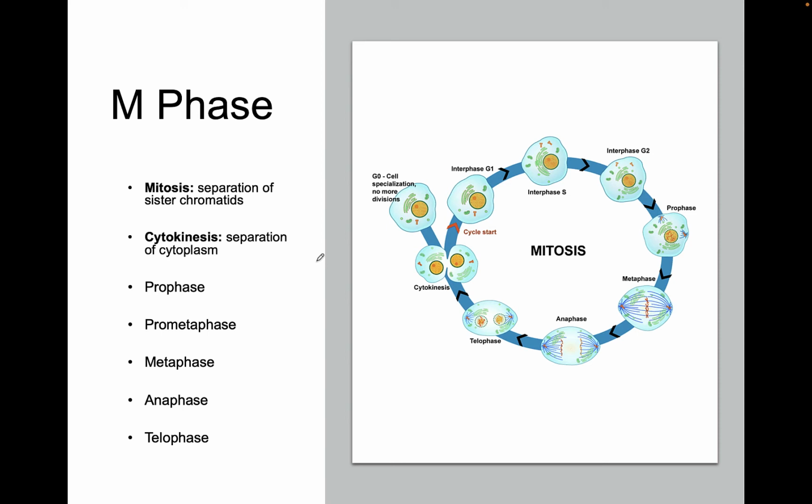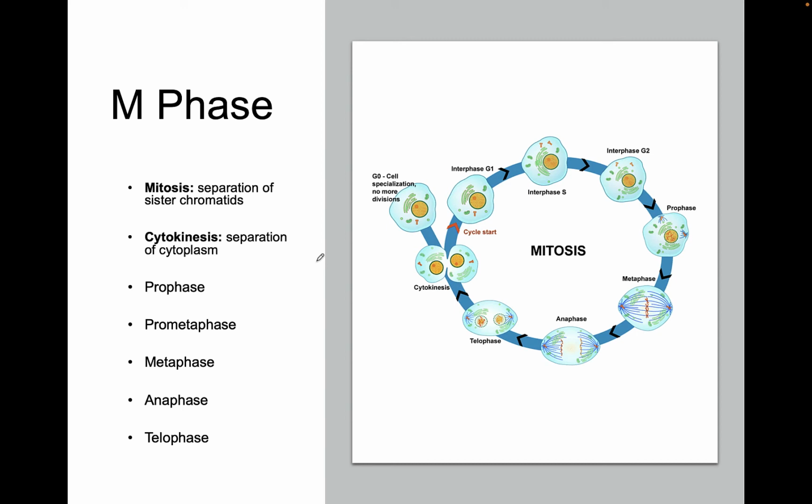In prometaphase is where the nuclear membrane begins to disintegrate and the spindle microtubules, which are outside of the nucleus, are now moving into the nuclear region to help with the process of dividing the chromosomes.